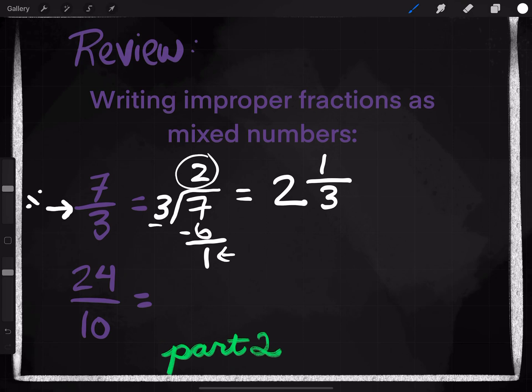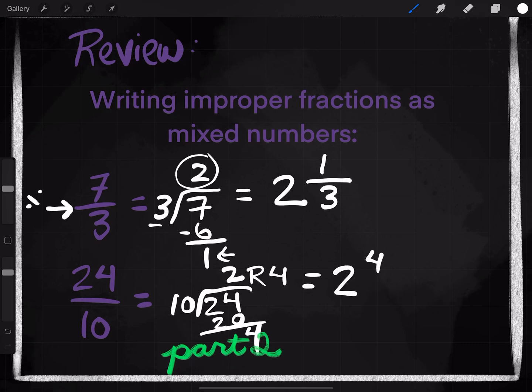You can also do this with 24/10. 24 divided by 10. 2 times 10 is 20. Get 4. Remainder 4. So you would get 2 and 4/10. So that would be how we convert into a mixed number.